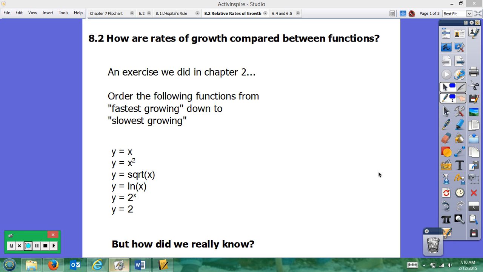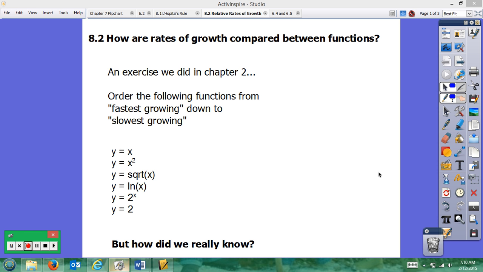I asked you to order the following functions from fastest growing down to slowest growing, and I put that in quotes because we didn't really define what that meant. We were working off of our intuition, and I gave you that list of 6 functions, and I said use your calculators, and you ordered them from what you pictured being the fastest growing to the slowest growing.